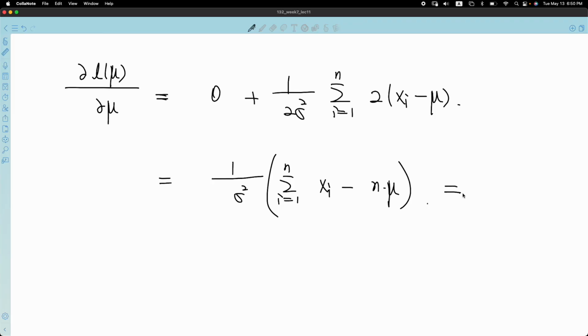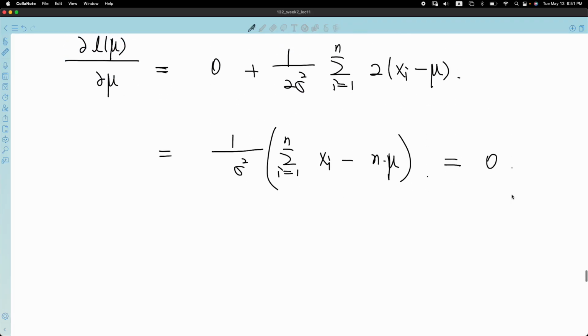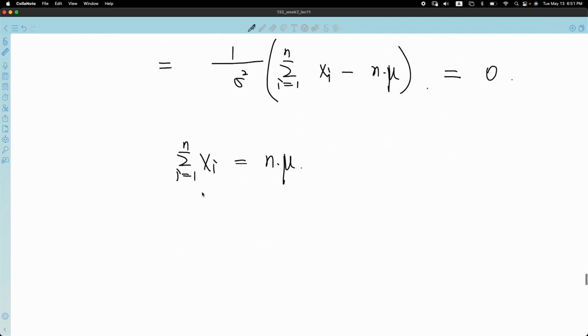To find the maximizer, set the gradient equal to 0. That's how you solve for the maximizer. Now you can simplify this by multiplying sigma squared on both sides. You will have the sum from 1 to n of xi equal to n multiplied by mu. So the maximum likelihood estimator of mu for the normal distribution is the summation of xi over n.